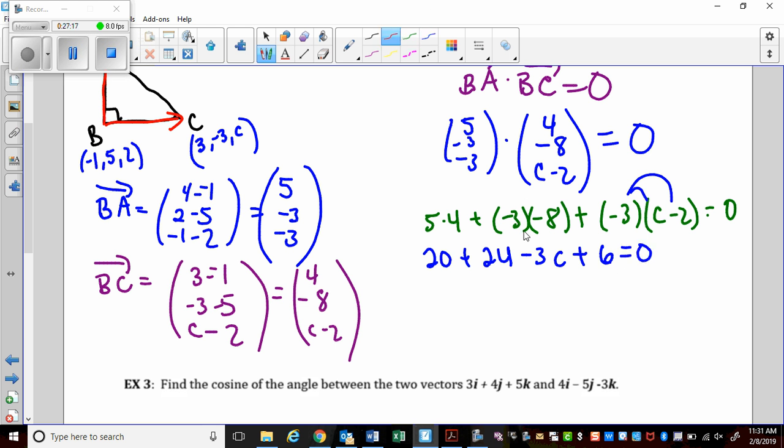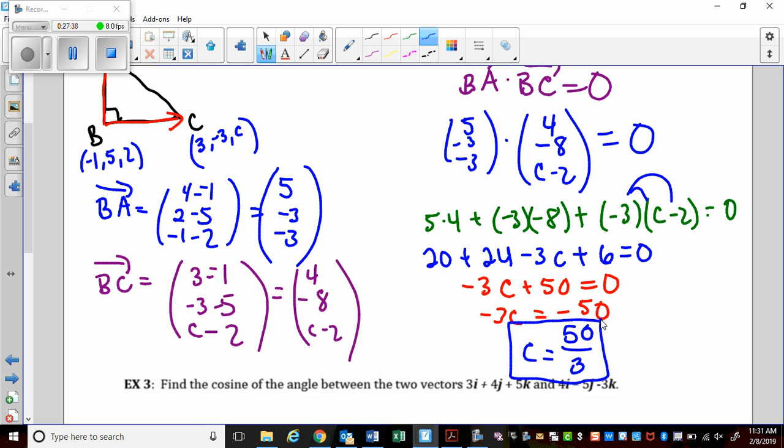Combine your like terms. We have negative 3C plus 50 equals 0. Subtract your 50, negative 3C equals negative 50. Divide by negative 3, C equals 50 over 3. And this has to be what C is in order for them to be perpendicular.